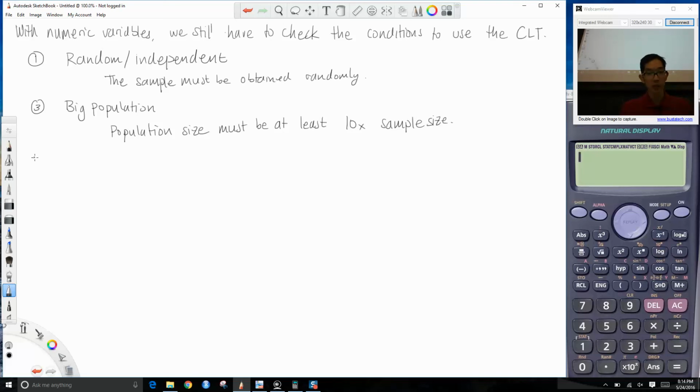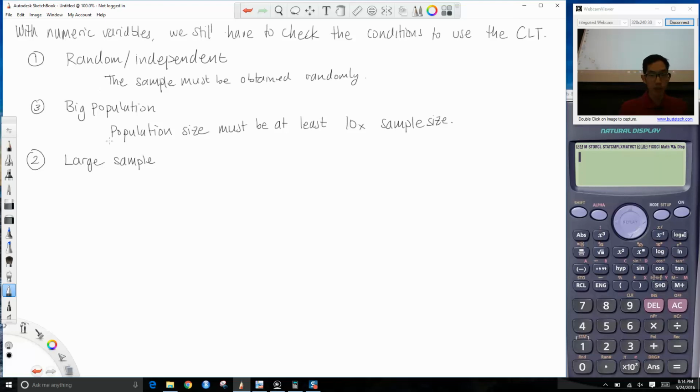All right, so condition 2 is the large sample condition. And this is the one that changes when it's numeric variables. So with categorical variables, how do we check? You need 10 successes and 10 failures at least, or n times p has to be bigger than 10 and n times 1 minus p has to be bigger than 10. Okay?